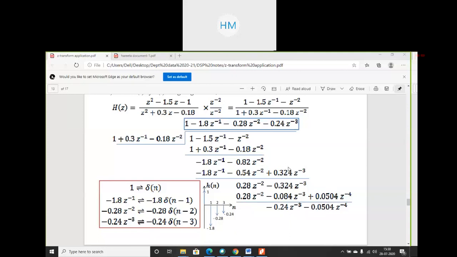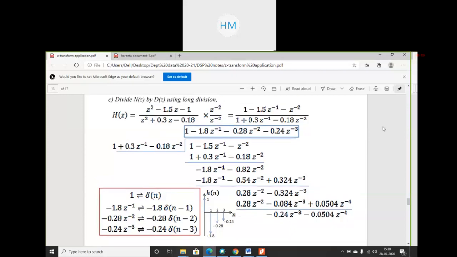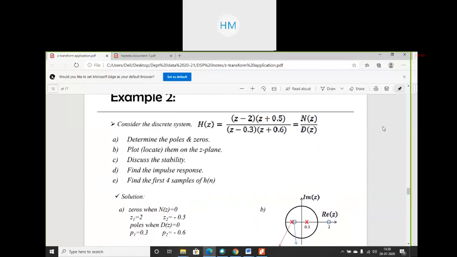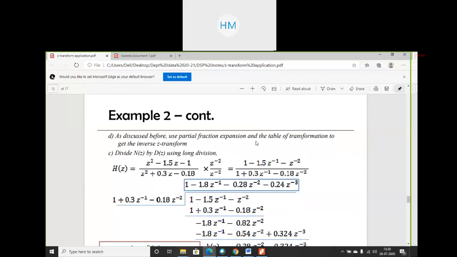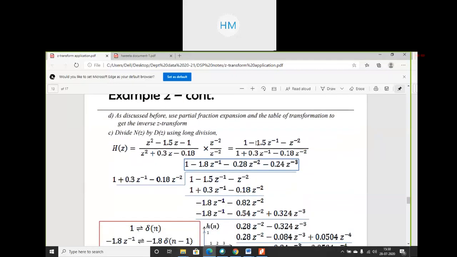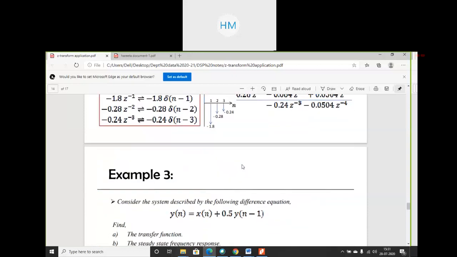You can plot the pole zero plot of any equation. To plot the pole zero plot, we have to factorize the numerator and denominator terms. You can find out the stability criteria. You can find out the impulse response of the equation. And if h of z is given, and you have to find h of n, then you have to apply the inverse z transform formula. There are three ways to find the inverse z transform. You can apply any one of them and practice it very thoroughly.